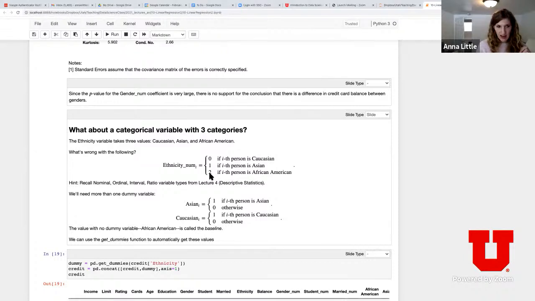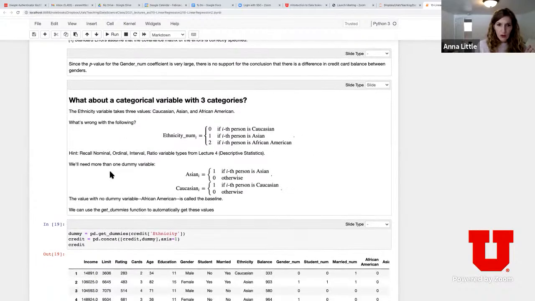That would be a very bad idea, because you don't want to say that Caucasian is further away from African American than Asian. You don't necessarily have a clear order associated with your categories, so you don't want to just assign an order here. The correct way is to use 2 dummy variables.